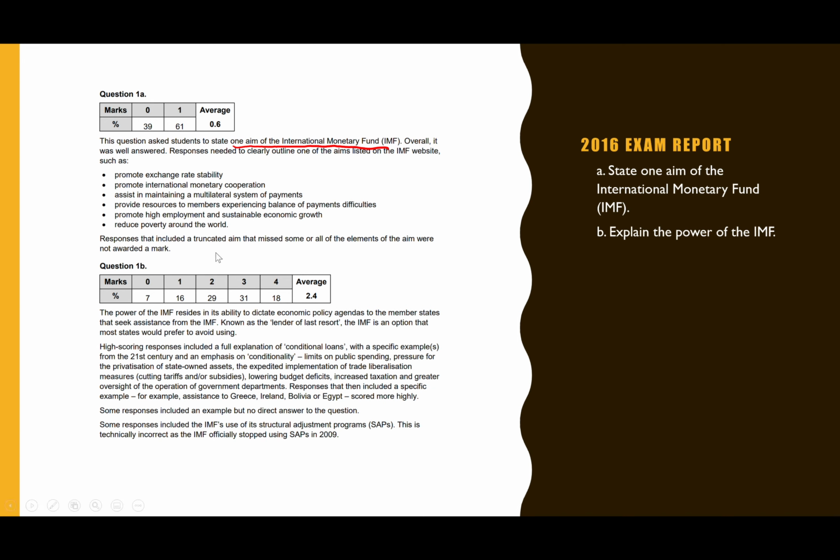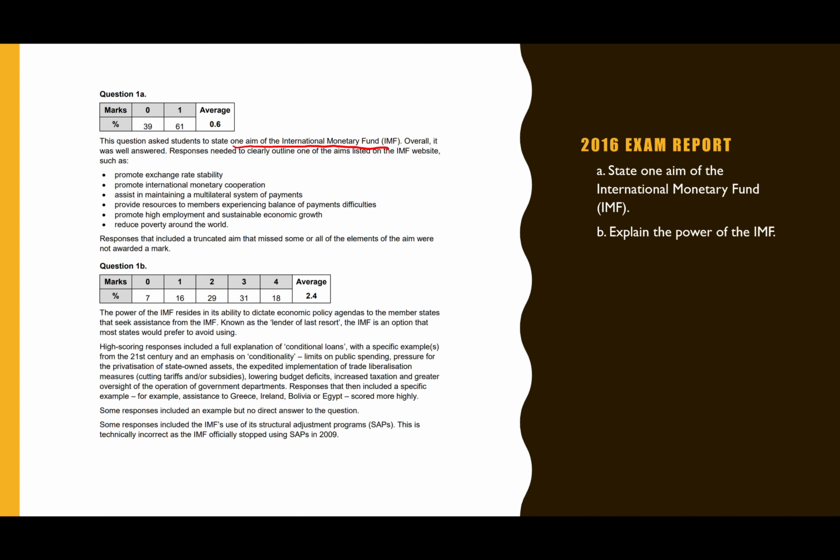What they say here, though, is higher scoring responses include a full explanation of conditional loans with specific examples, an emphasis on conditionality, so limits on public spending, pressure for the privatisation of state-owned assets, the expedited implementation of trade liberalisation measures, and so on. So what you need to do here is include an example as well.